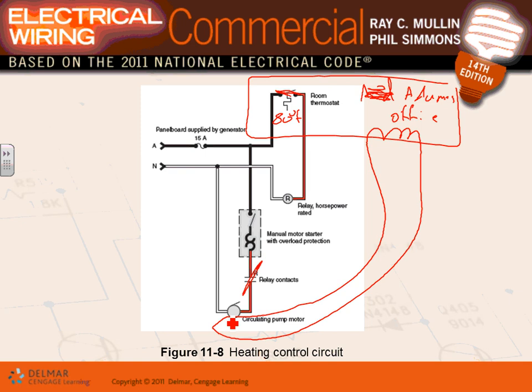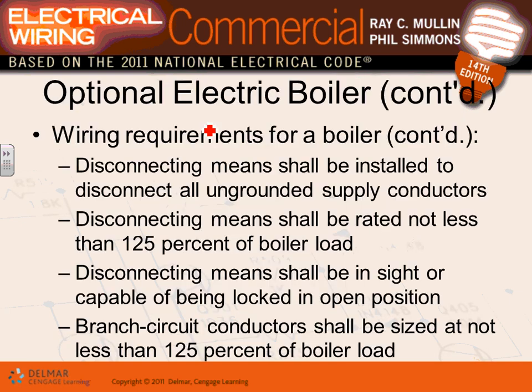The pump, look at your pump here. It could be 15 amp or 20 amp, so smaller pumps. Okay, we talked about, guys, you need a disconnecting means. The disconnect shall be installed to disconnect all ungrounded conductors. 1.25 sizing here.